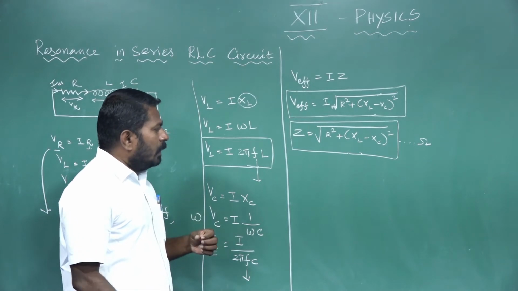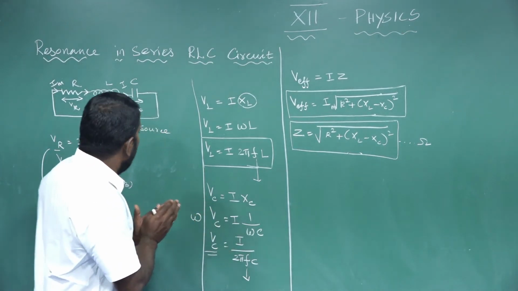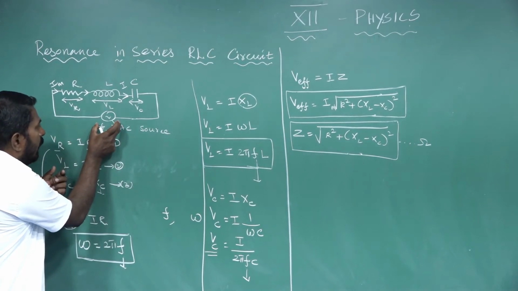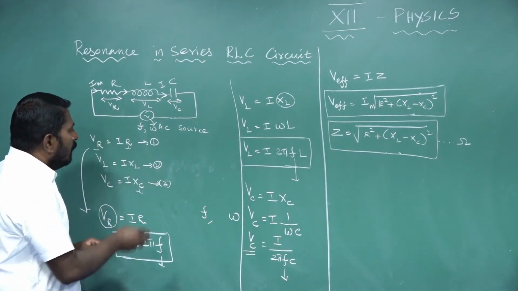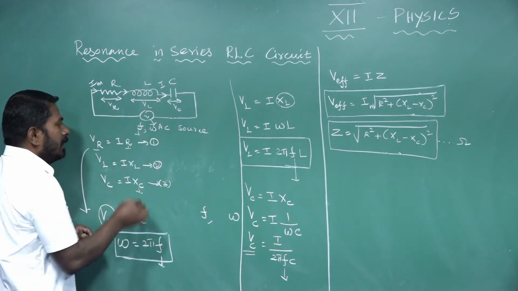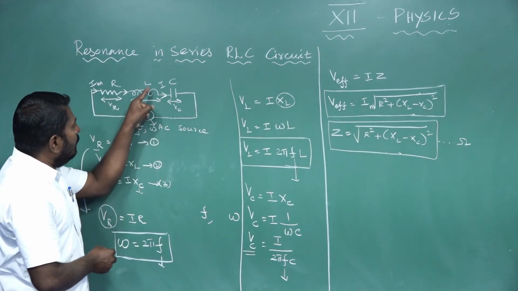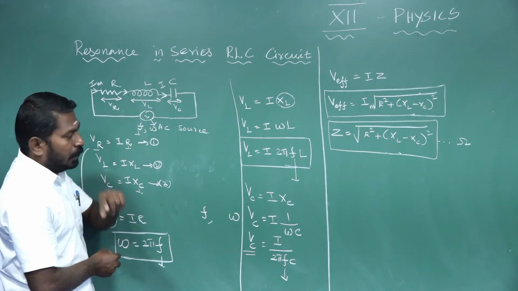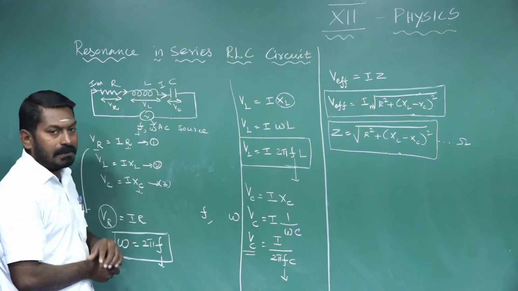Now, there are two important things. When an alternating source of voltage is connected across the series combination, initially the frequency of the AC source is a small value. What happens to the inductive reactance and capacitive reactance, and to the voltage across the inductor and the voltage across the capacitor?